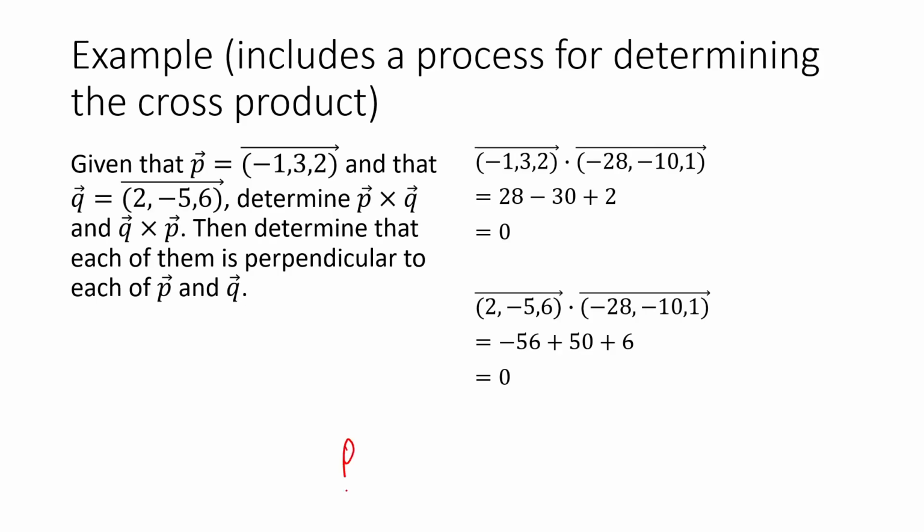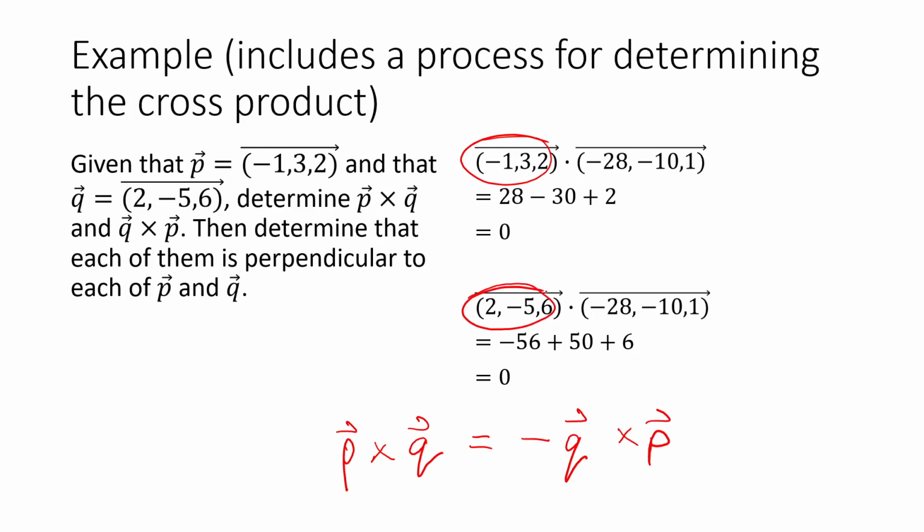So we can say that P cross Q will be equal to -Q cross P and vice versa. But most significantly, in both cases, the dot product of that vector that we get with each of the two vectors given will equal 0. It'll be perpendicular to both of them.